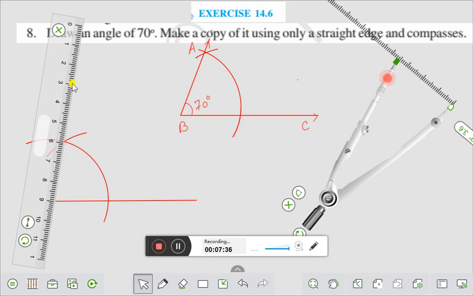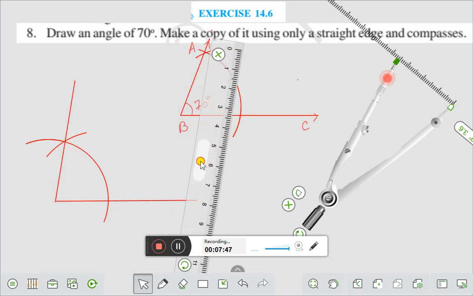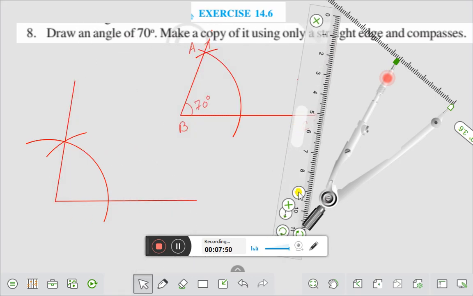Now draw another line here and join this line. Now give the name here. We are giving the name here. Suppose, give an arrow here first. We again give an arrow here. And the name of this point is D. This point is E. And this point is F.